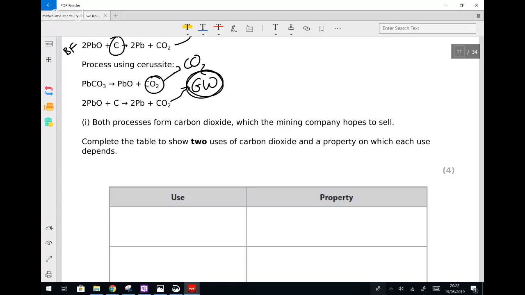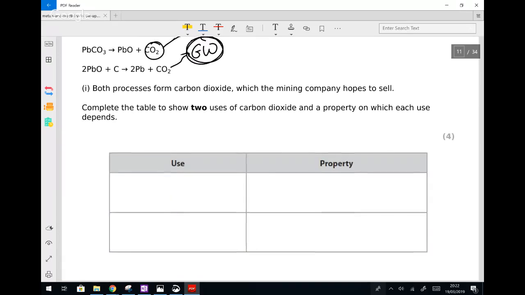Complete the table to show the two uses of carbon dioxide and properties for which each use depends. Right, carbon dioxide, number one, is used in fire extinguishers. Can anybody think of another use of carbon dioxide? Just before I tell you guys, these are actually really tricky.